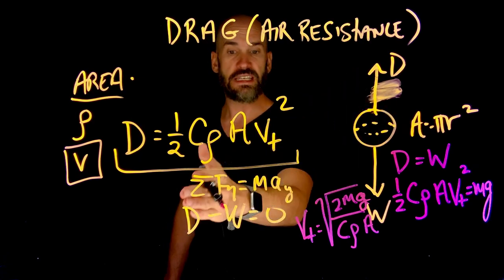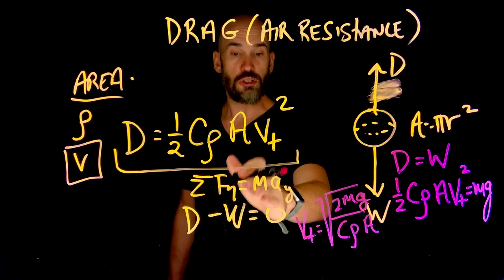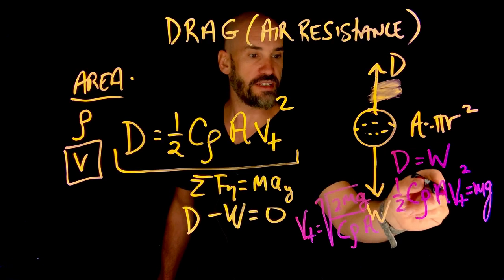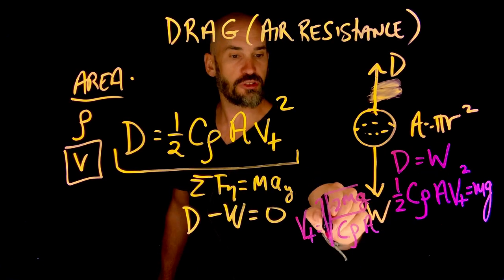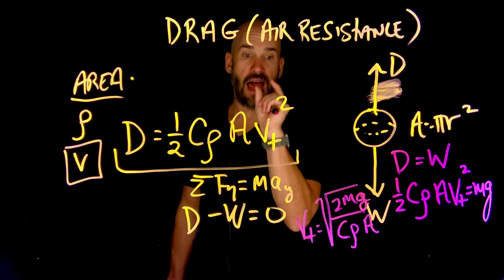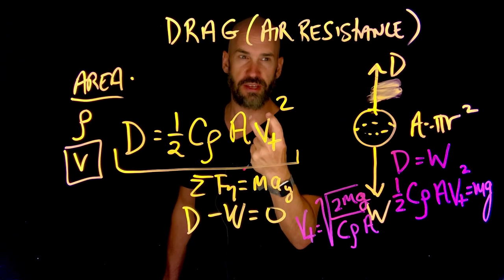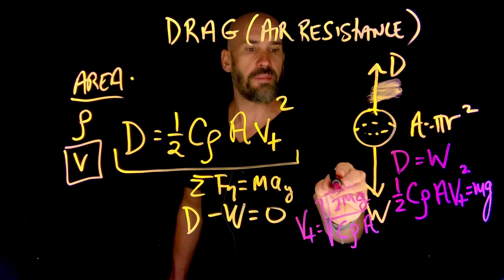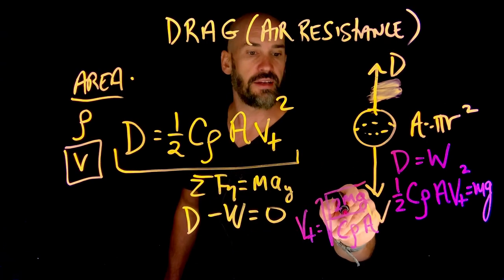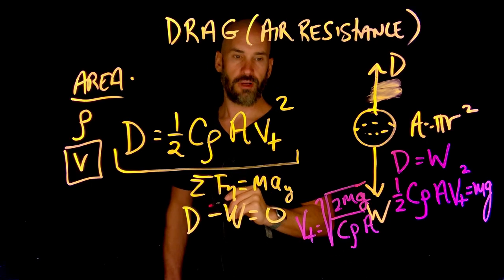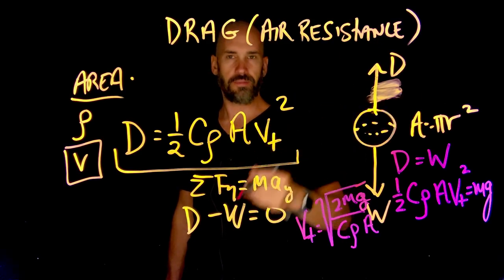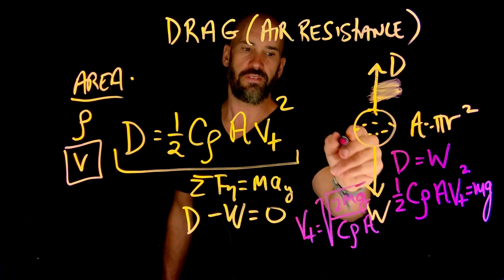When that drag force equals the weight, you reach the highest velocity you're going to be able to get. By setting the drag force equal to the weight, we can solve for v_T, and we find that v_T is the square root of 2 times the mass of whatever object that is. You're going to have a higher terminal velocity if the object weighs more, because it has more inertia, times whatever the gravity is on that planet, and on Earth it's just g, divided by the coefficient of drag, which is something you'll be given, times the density of whatever you're moving through, in this case air, times the cross-sectional area of the object.